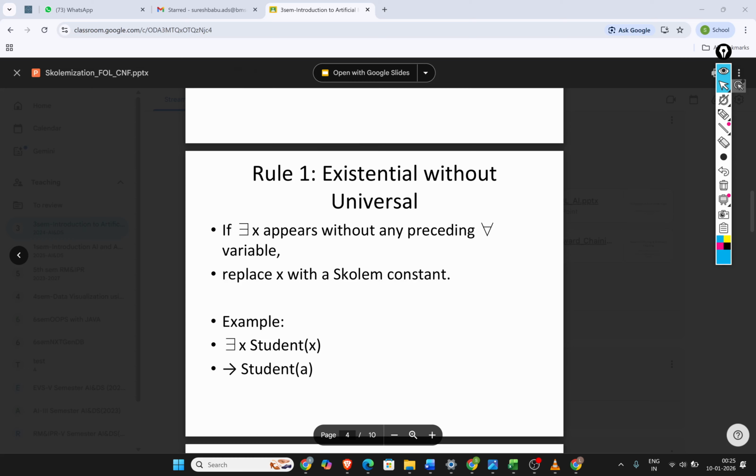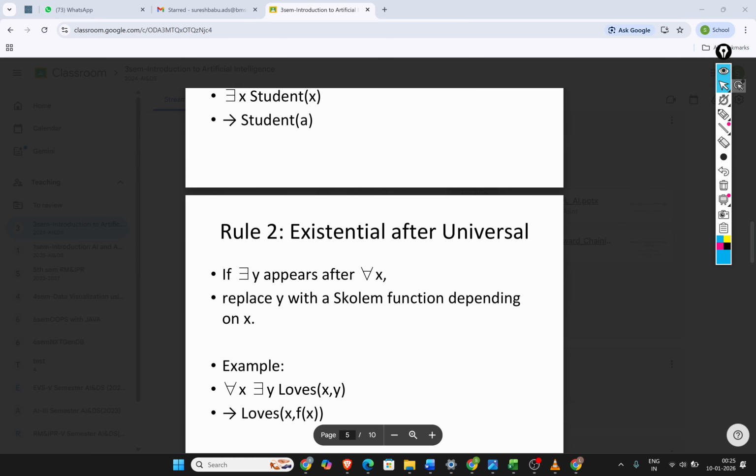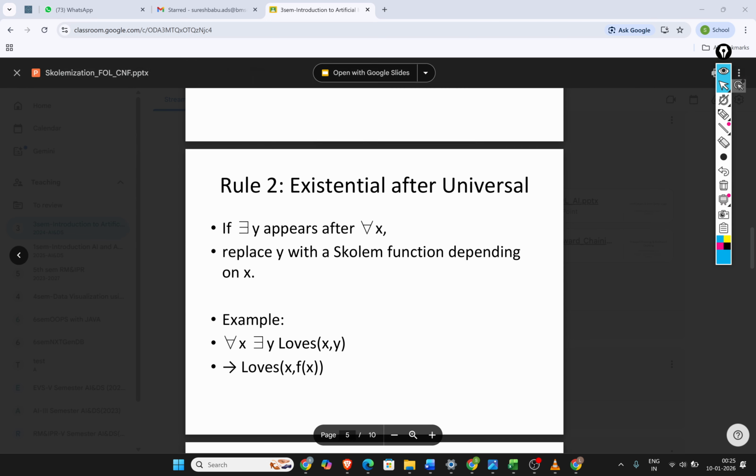And next, where we place a universal quantifier, we use Skolem functions. If there exists y appears after for all x, replace y with a Skolem function depending on x. See this basic example: for all x, there exists y where x loves y.